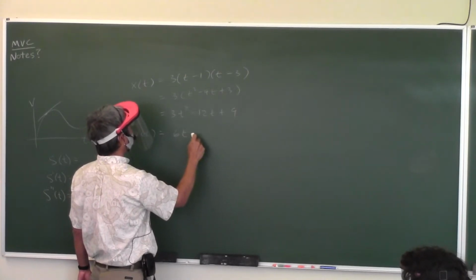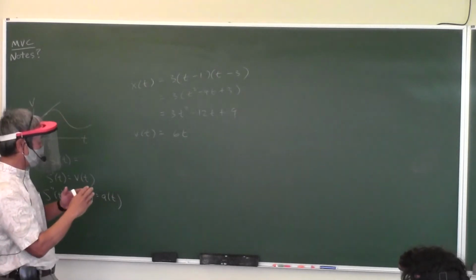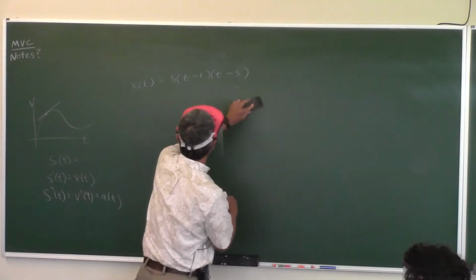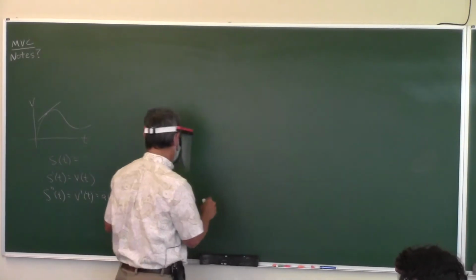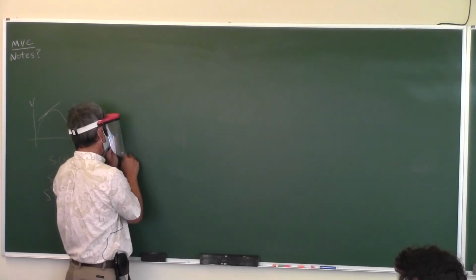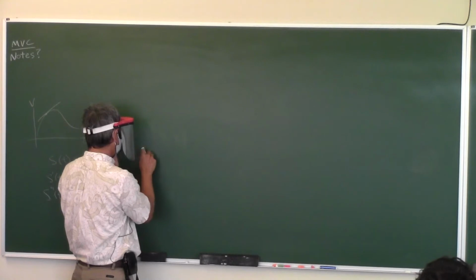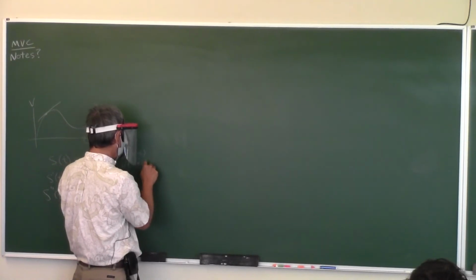Wait, oh yes, wait a minute, time out. This is not the problem I wanted. Okay, start all over. I wanted this to be the velocity. Okay, here, you know what? Shh. Don't look. I said don't look. I see you looking.